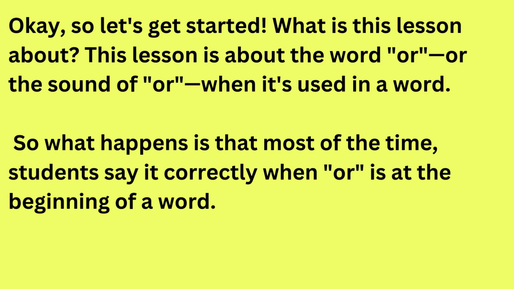What is this lesson about? This lesson is about the word or the sound of "or" when it's used in a word. So what happens is that most of the time, students say it correctly when "or" is at the beginning of a word.